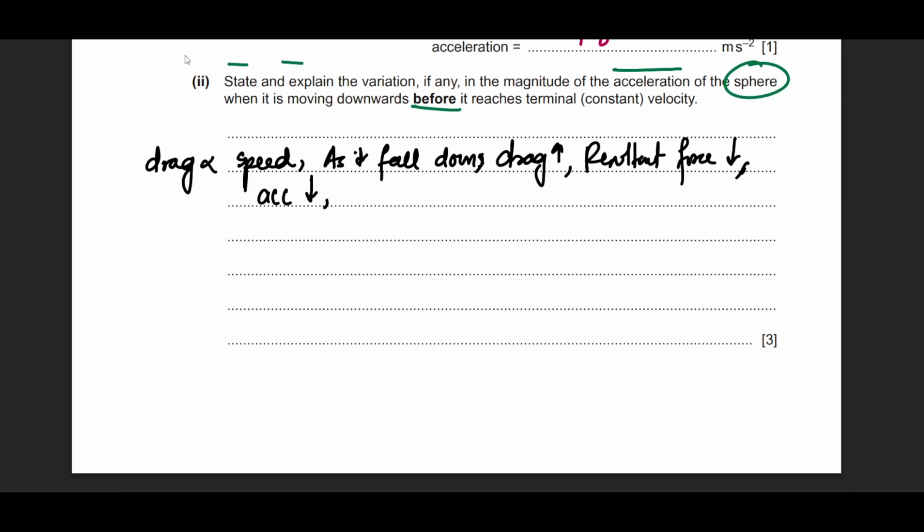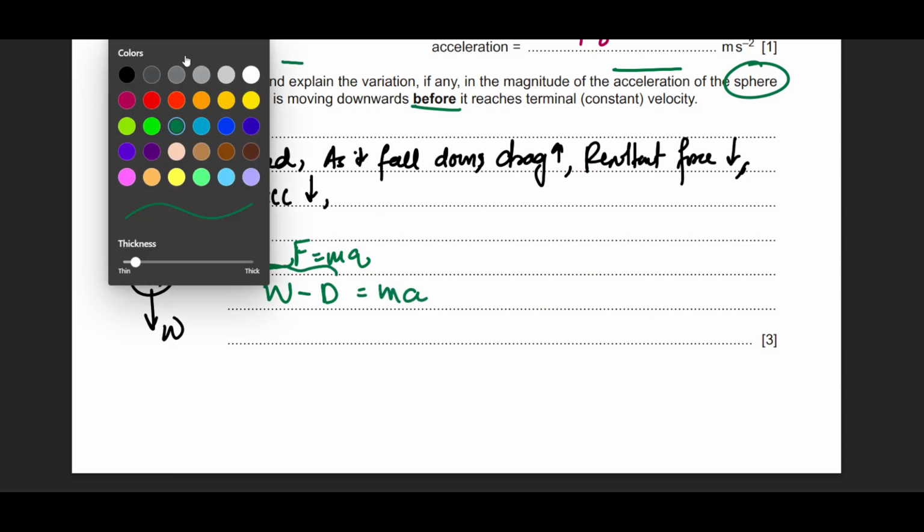So the equation is going to look something like this. If this is the sphere, this is the weight of the object, and this is the drag, and this is the mass of the sphere itself. What does the equation look like in terms of F equals ma? So weight is the pulling force, minus drag is the stopping force. So this is opened up as F equals mass, which we don't know, times acceleration, which is what we want to find out, or at least comment about.